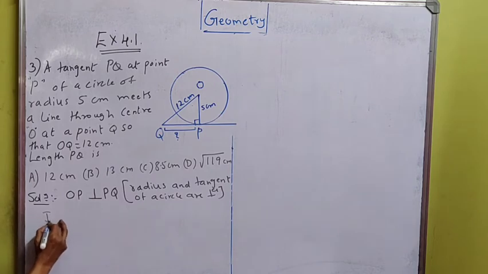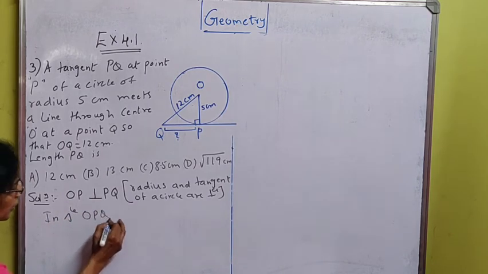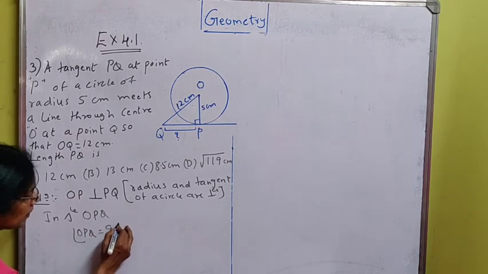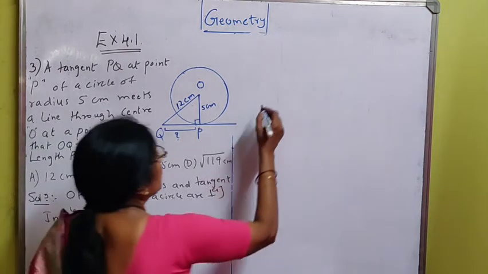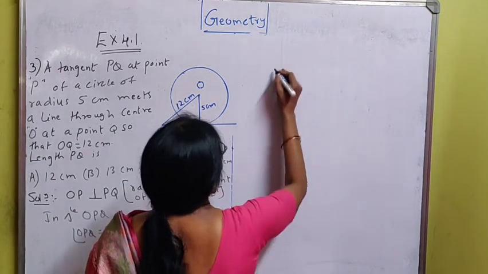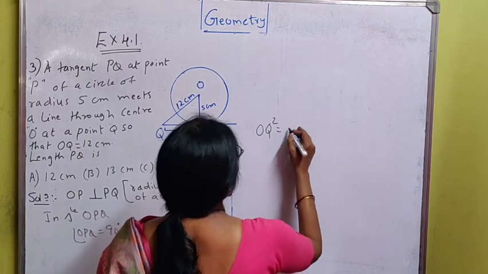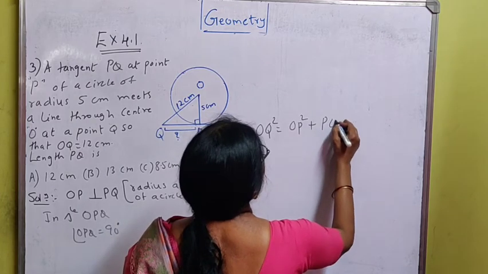Now in triangle OPQ, angle OPQ is equal to 90 degrees. So using Pythagoras Theorem, OQ square is equal to OP square plus PQ square.